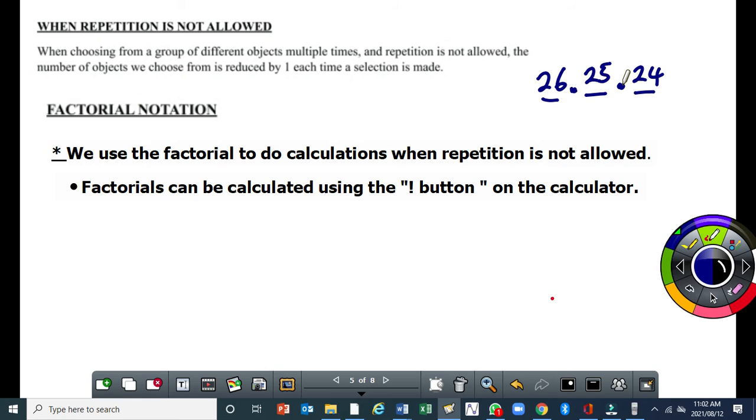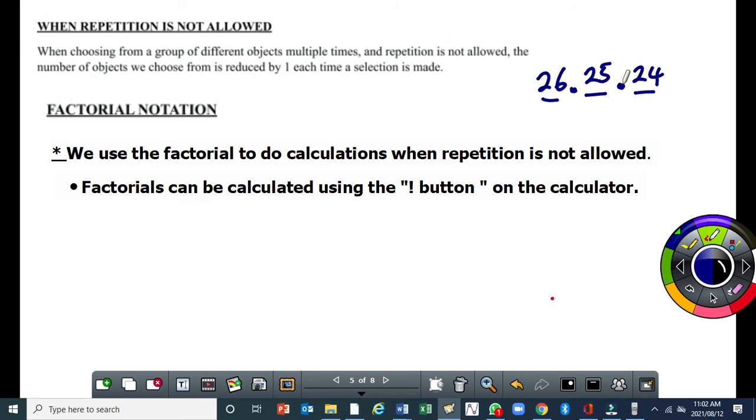Now, if we use the fundamental counting principle like that, it will be 26 times 25 times 24. Now, for that one, we can use a new concept which is called the factorial notation. But I'm not going to get into the details of combinations and permutations because that's not for your level. So we use the factorial to do calculations when repetition is not allowed.